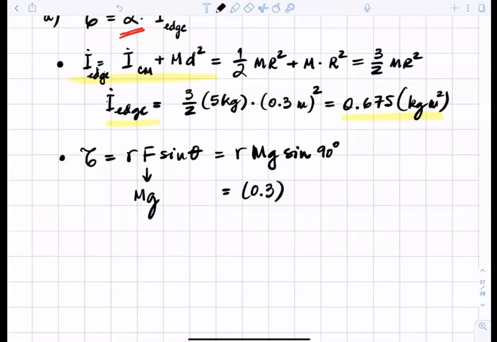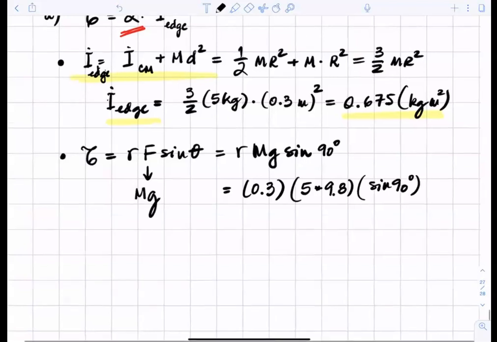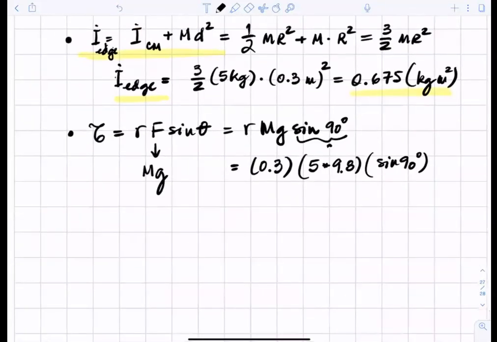The mass is 5 times 9.8, or 9.81, sine of 90, which is nothing else but 1, right? And I just want to be kosher about all of them. So let's see, what do we get? If you plug everything in, you get 14.7. Those are Newton meters.